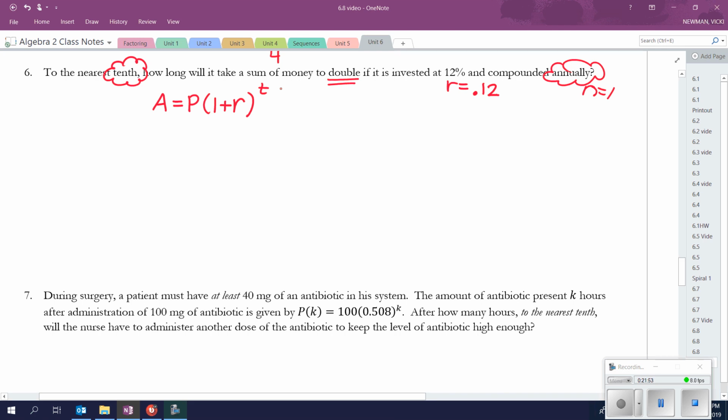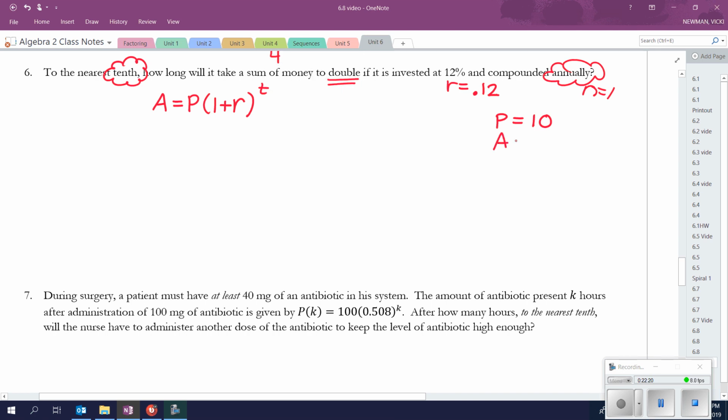So a sum of money, meaning it doesn't matter what number you pick to start. So you can say, okay, you're going to invest $2, or you're going to invest $1,000, or you're going to invest $50. It doesn't matter. Nobody cares. So pick something that's easy to work with. If we say that P is 10, let's say, we're looking for when the amount of money will double.